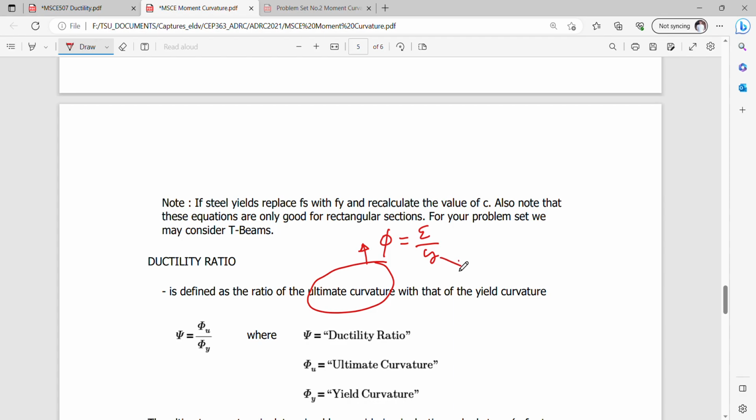So this is simply measured from NA. So if we are talking of ultimate curvature, this must be epsilon Cu. And your Y here will simply be what? Defined maybe in terms of the limit, and that limit can actually be your C balance, no? So this is at the balance condition.